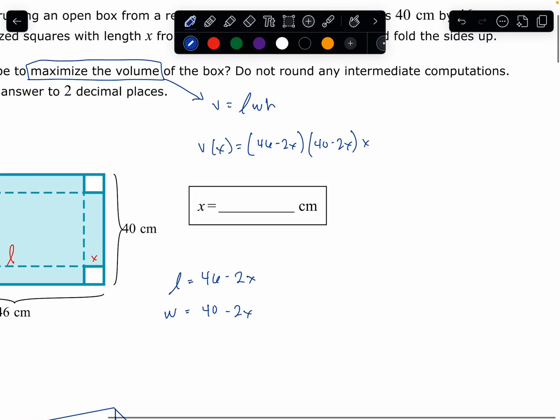I'm going to, unfortunately, FOIL this out because I want to do this by hand if I can, which I probably won't be able to because these numbers are going to be stupid high. So FOIL this out, so 46 times 40, and I say I'm going to do this without a calculator, but then I grab a calculator. That's going to be equal to 1840.